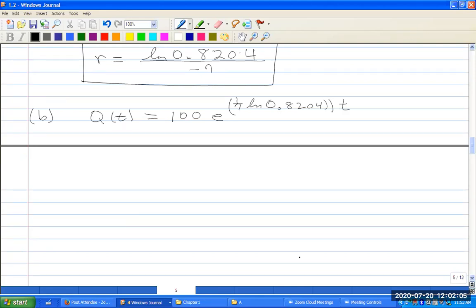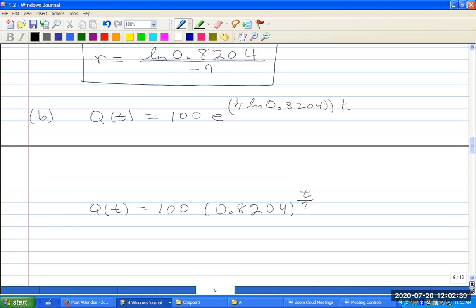Now, of course, I can multiply the t and the 1/7 together and write those up as an exponent by the properties of logarithms, but e to the ln of anything is just that anything. So I can write this in slightly simpler form as 100 times 0.8204 to the power t over 7.